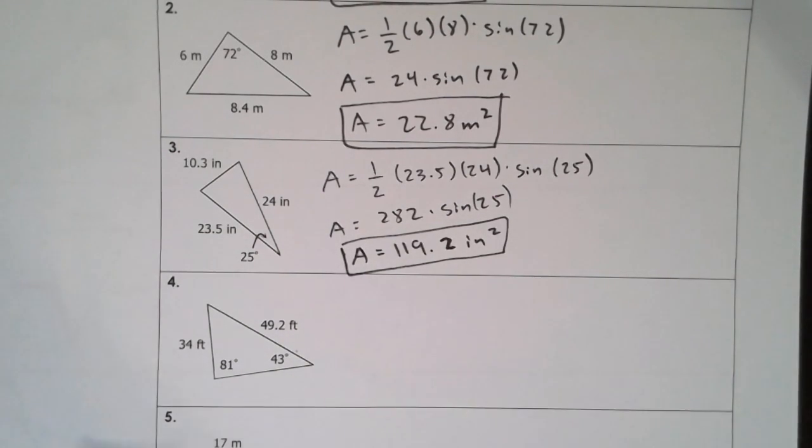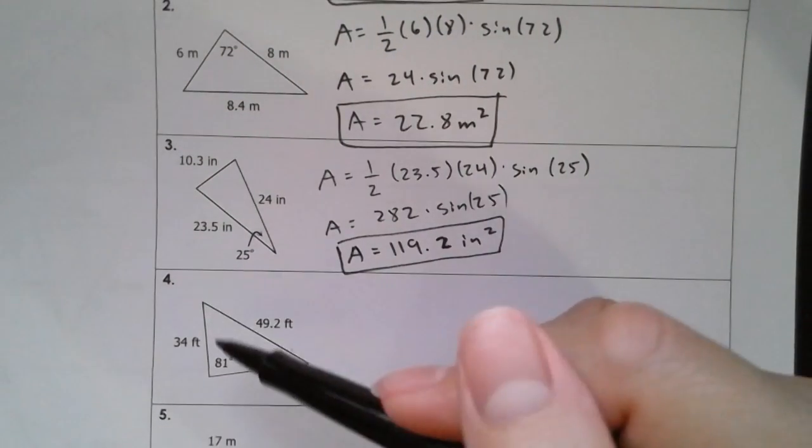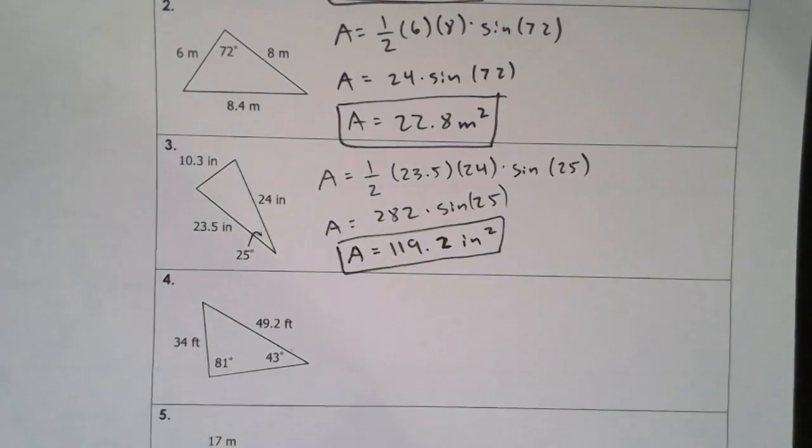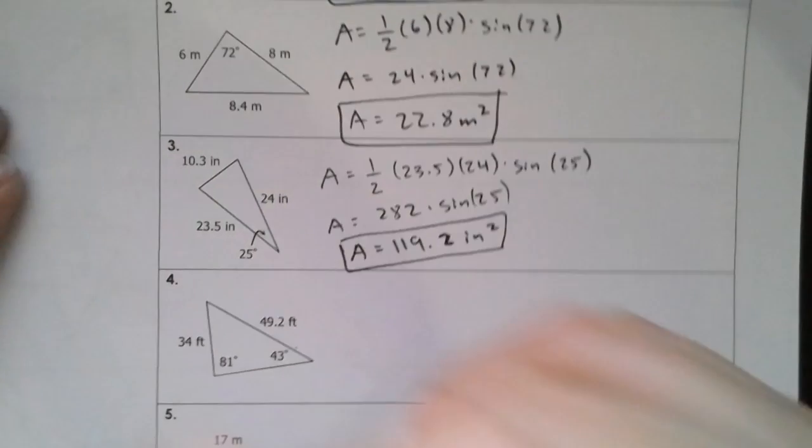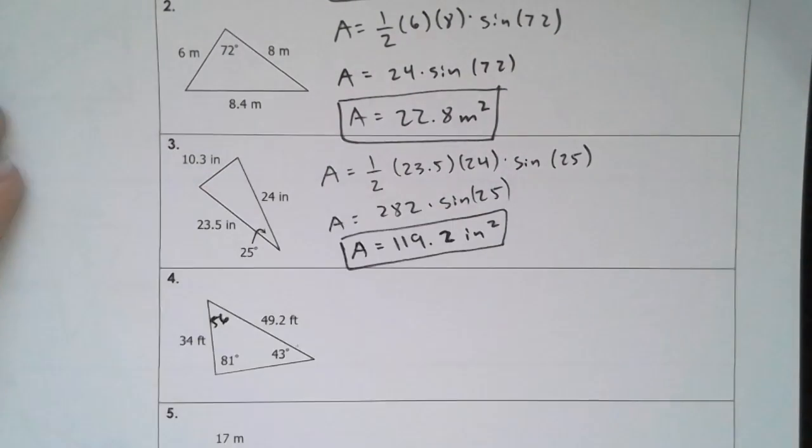Because I need to get the angle that is opposite to the side C that I wouldn't be using. So these here are A and B. But since these two are given, I can solve for the third angle. So 180 minus 81 minus 43, I'm going to get 56. So that one there is 56. And that's really all I need.